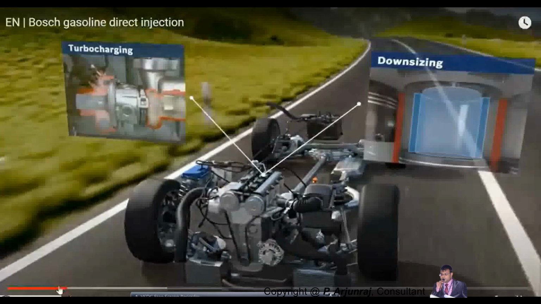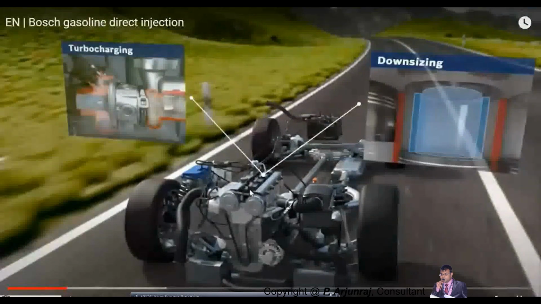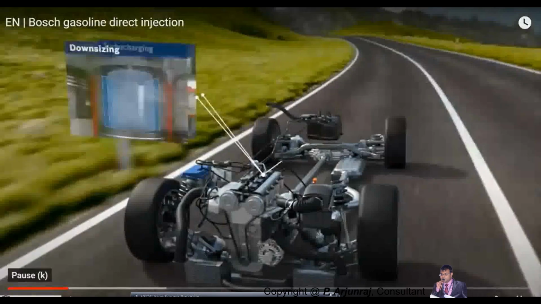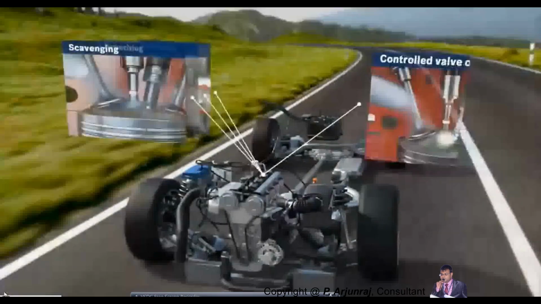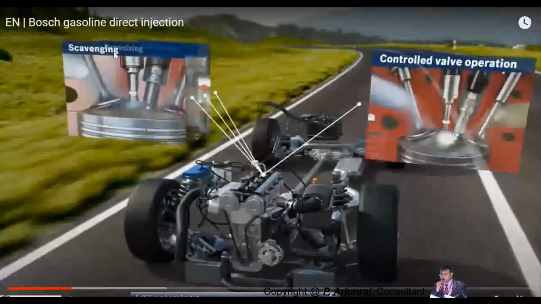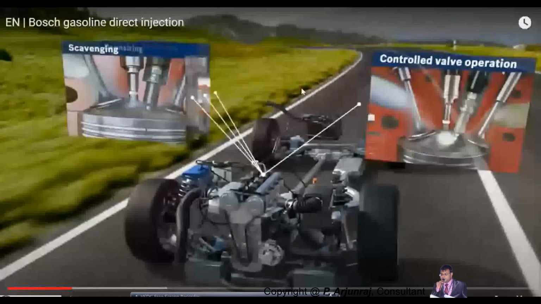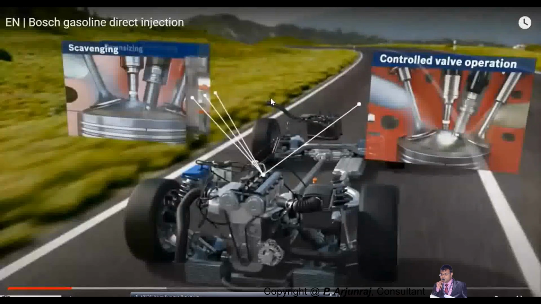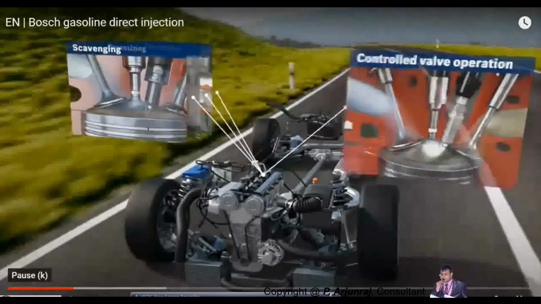You're going to get almost 15 percent reduction with respect to CO2 by using TGDI, what we call turbocharged, and also by downsizing the engine. We have seen the scavenging kind of thing, where you expel the exhaust gas out by forcing the air into the system.